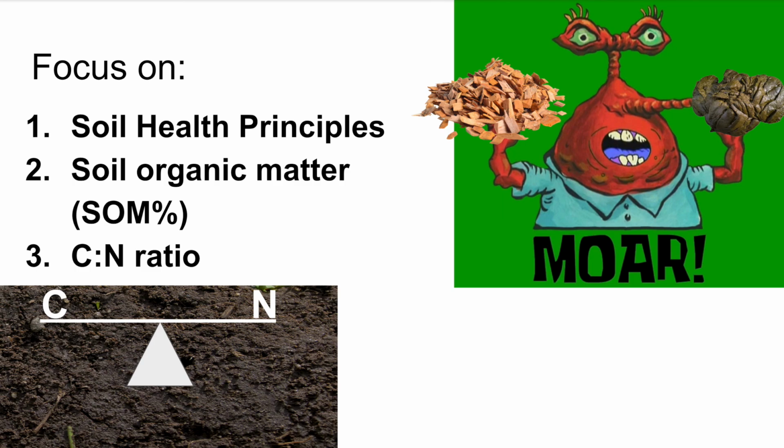Instead, I think if you focus on these 3 points, you'll be 80% of the way there. If you have issues that persist, my first advice would be to restudy these 3 points and dig deeper. And the 3 key points are the soil health principles, soil organic matter percentage, and carbon to nitrogen ratio. Focus on increasing your organic matter, but doing so with your intended carbon to nitrogen balance.